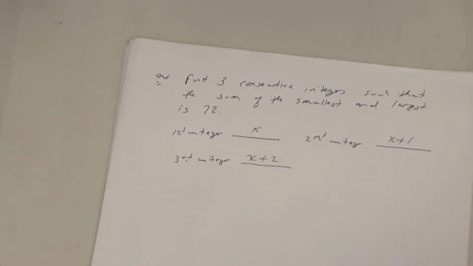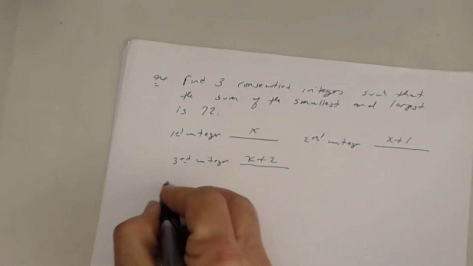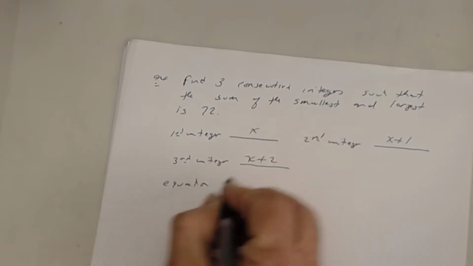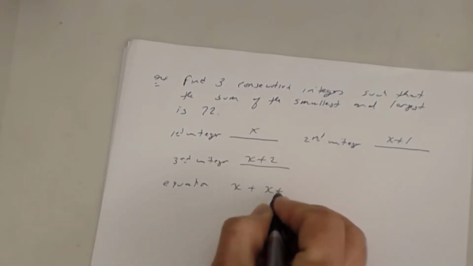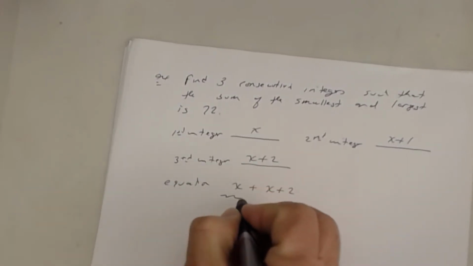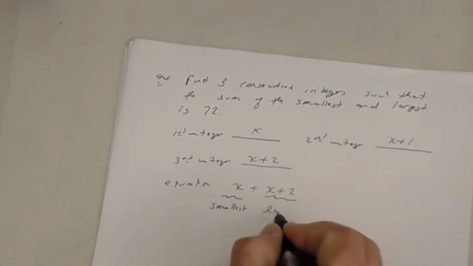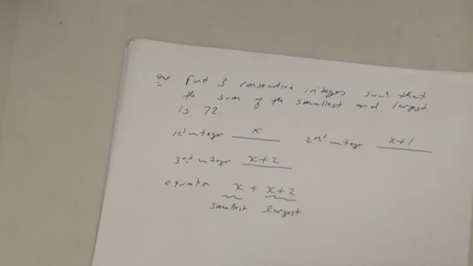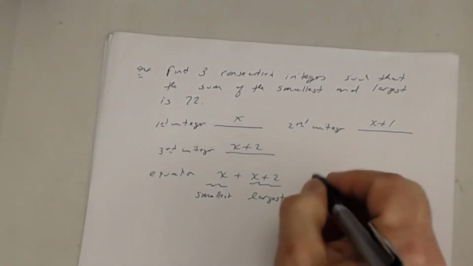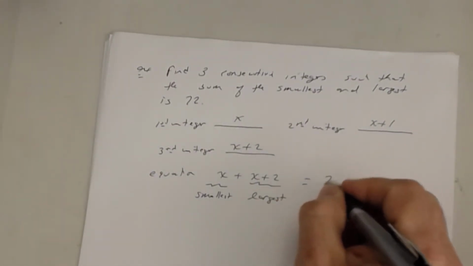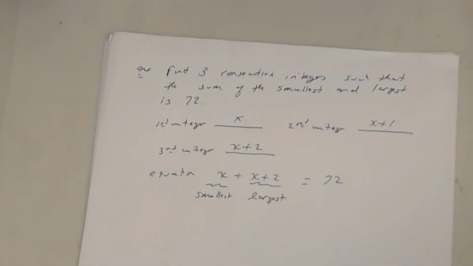What's the largest of all of those? The third integer. So what's your equation? X plus x plus 2. So remember, this right here is your smallest, and this is the largest. And what's that sum? 72. So there's your equation. The sum of the smallest and the largest is 72.